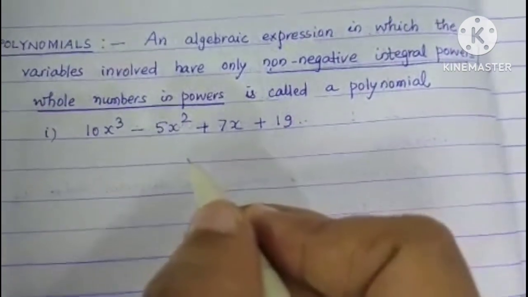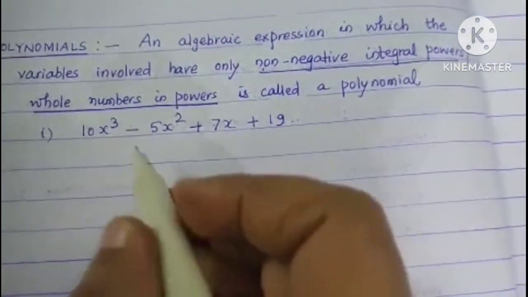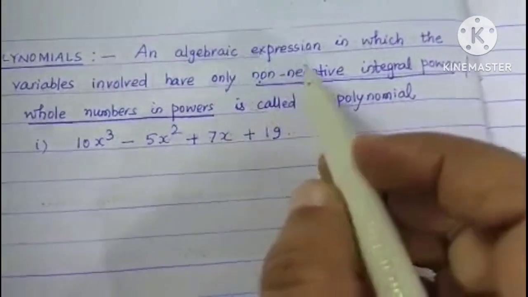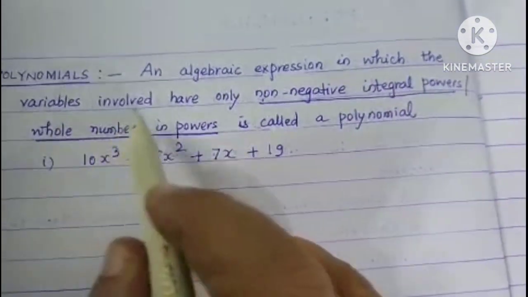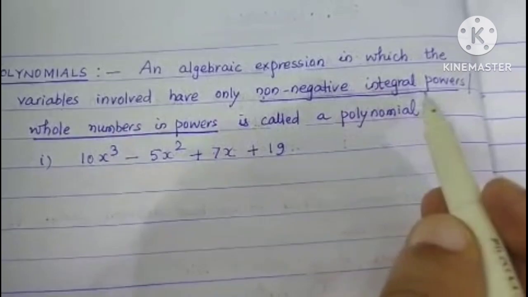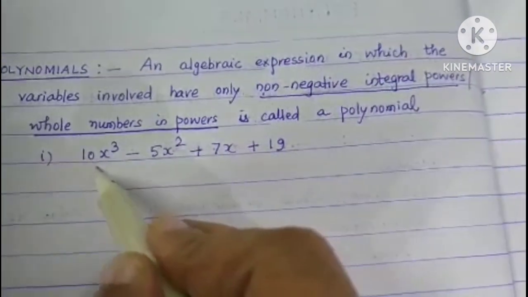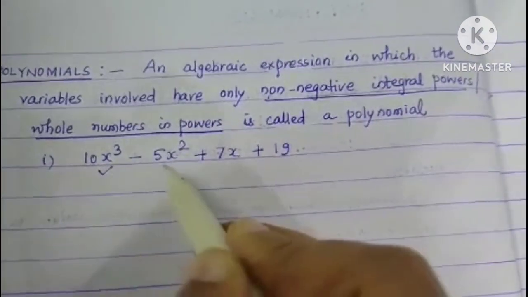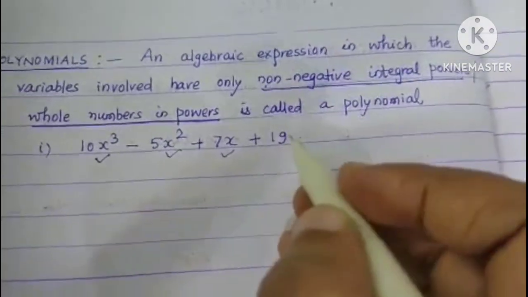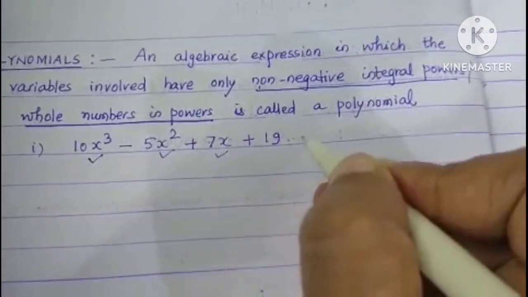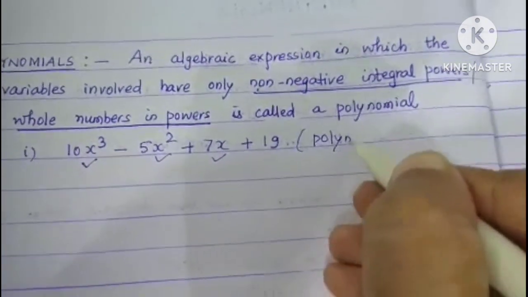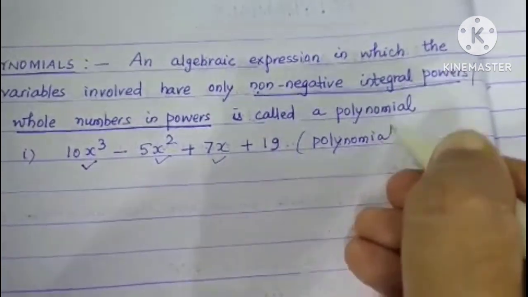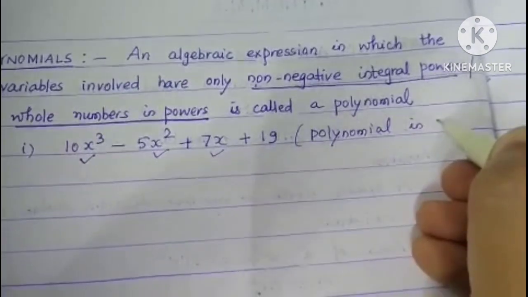Here you can see the variables, as in the definition, in which the variables involved have only these powers. We have the variable x here. This is a polynomial in one variable. This is an example of a polynomial in one variable.